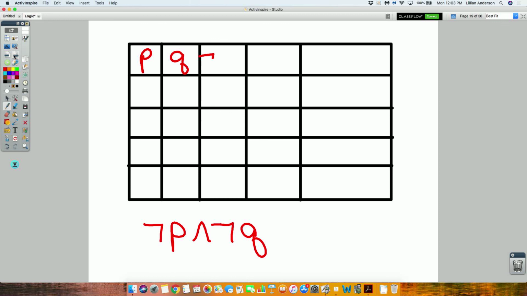We're going to need not P and not Q. So then, once we have those two, we'll be able to compare them with the conjunction: not P and not Q.